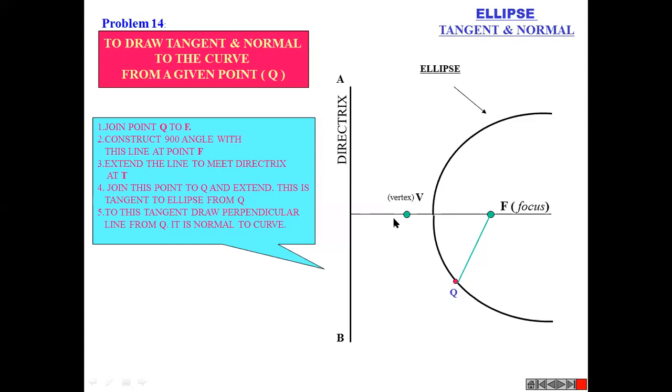Now from the focus, draw one line perpendicular to the drawn line, which should cut the directrix at a certain point. Now that intersection point with the directrix and the given point is joined, that will be your tangent, and the line perpendicular to that will be your normal. Simple.